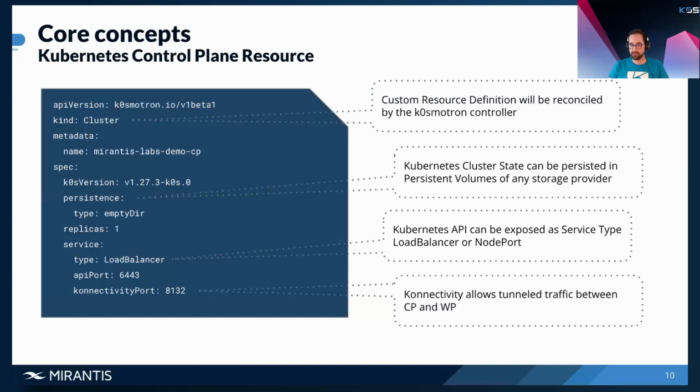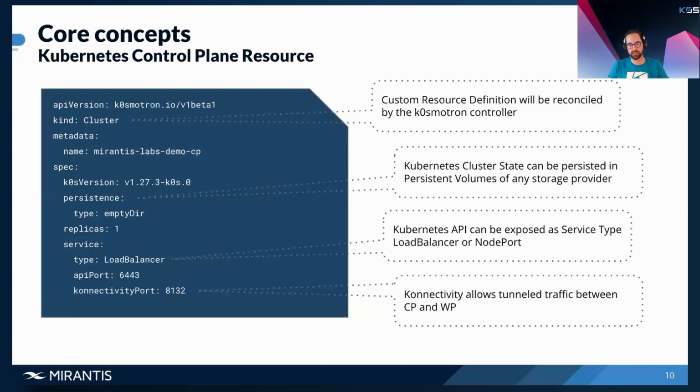We have the k0s version in here, so we will use the open source k0s version 1.27.3, we can persist the state of the Kubernetes control plane. Of course, persistence is key for a Kubernetes cluster.